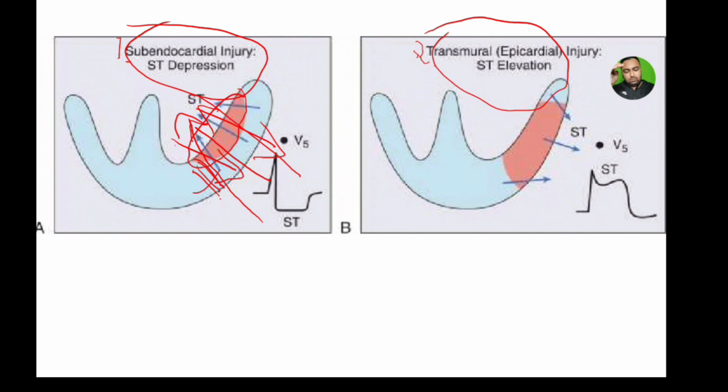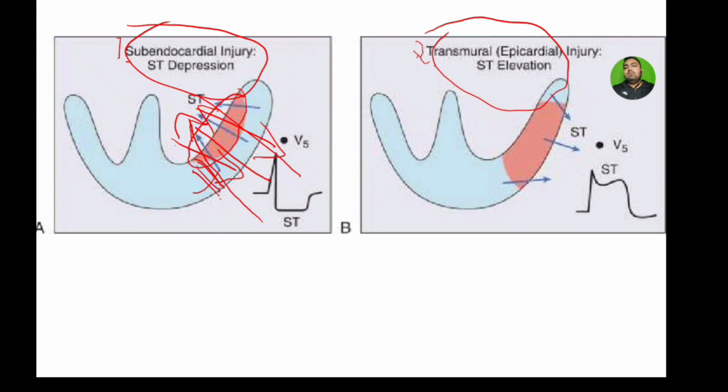We know from our basics, which we learned in first year MBBS physiology, that whenever the current of injury goes away from a lead, it shows negative deflection. As you can see, this is the heart, and this is the lateral wall. The leads facing the lateral wall are V5 and V6.